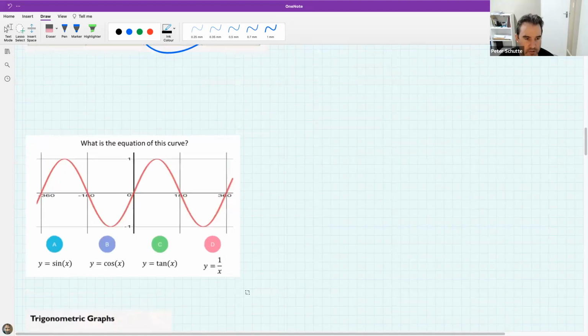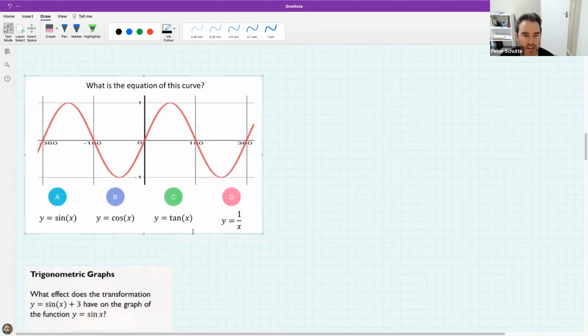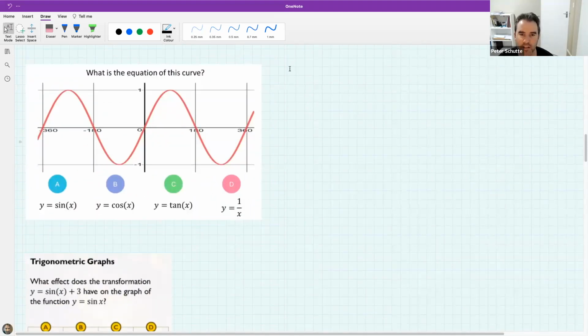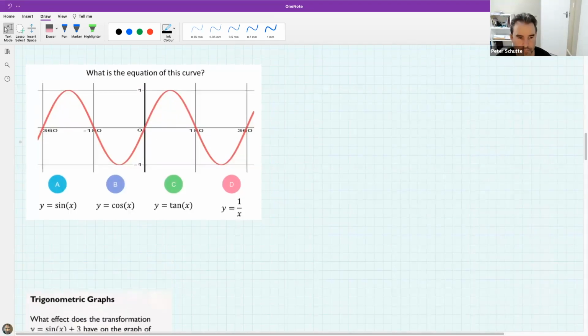Okay, let's do this one. What is this going to be? So what is the equation of this curve? A, B, C, or D?